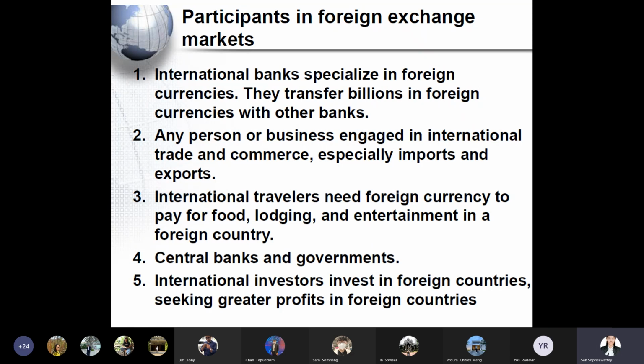Participants can be persons or businesses that engage in international trade and commerce, especially those involved in imports and exports. International travelers may need foreign currency to pay for goods, lodging, accommodation, and entertainment in foreign countries. Central banks and governments are also involved in the foreign exchange market as well. And we have international investors who invest in foreign currency because they are seeking greater profit in foreign countries.